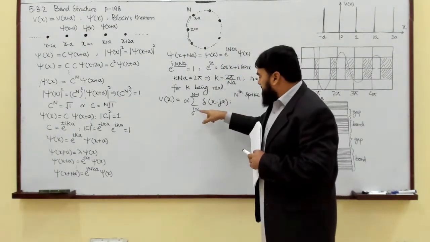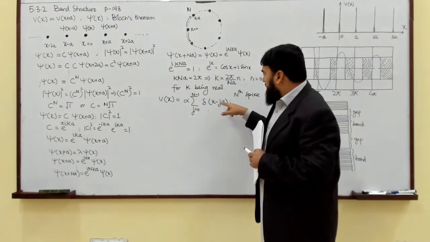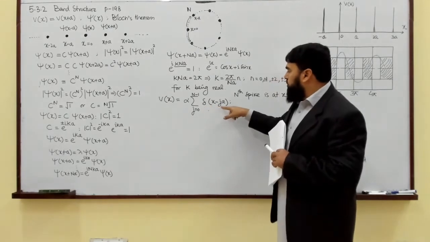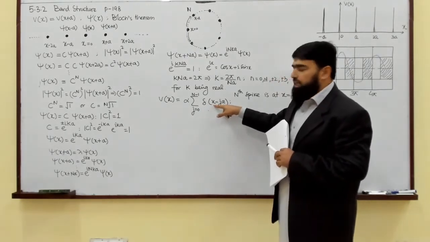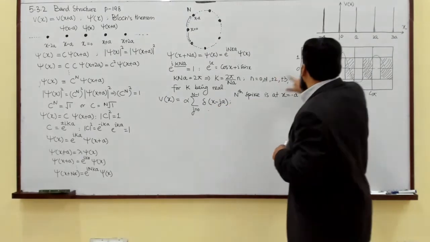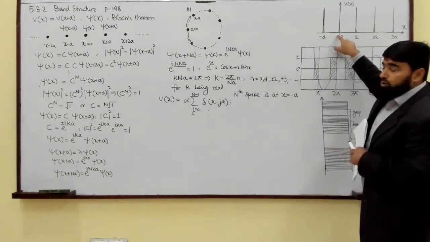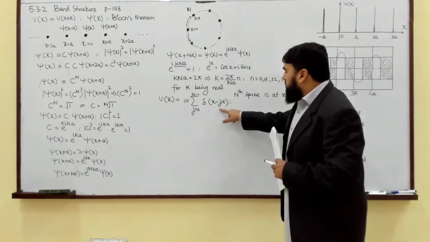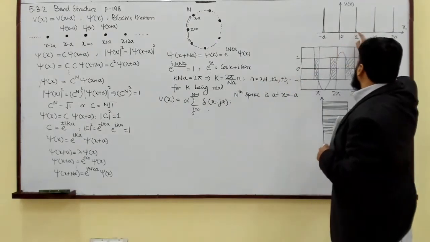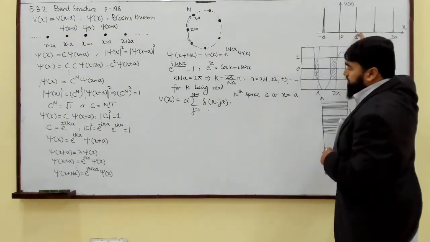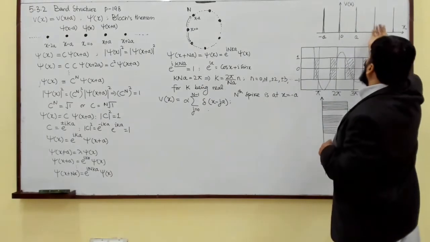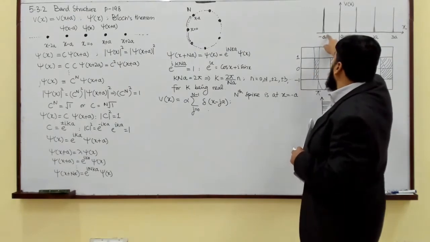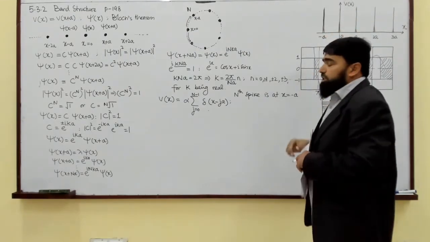What will happen? When j is equal to 0, we will have this thing as delta x, and we are at this point. Our potential will be V of x. When j is equal to 1, we will be at this position, for delta x minus a, and so on, and when we move around, the nth spike will come at x minus na, and the periodicity will continue.